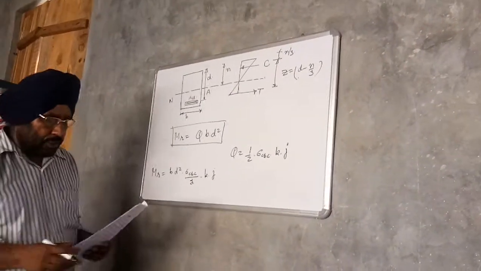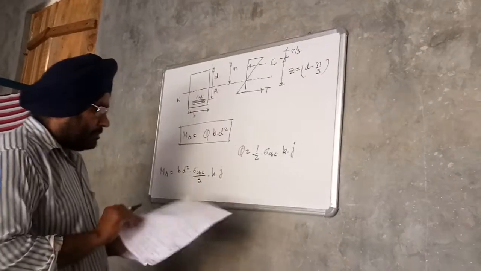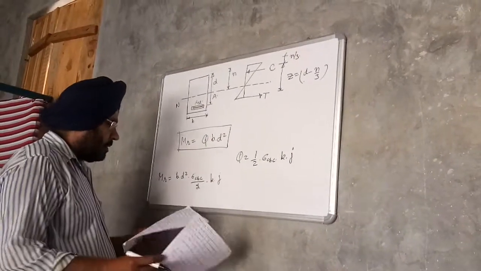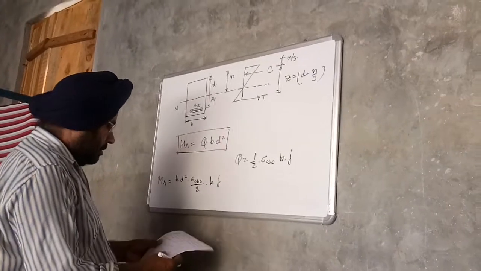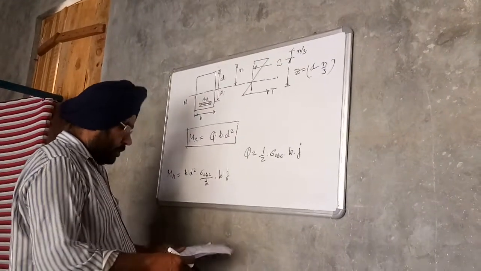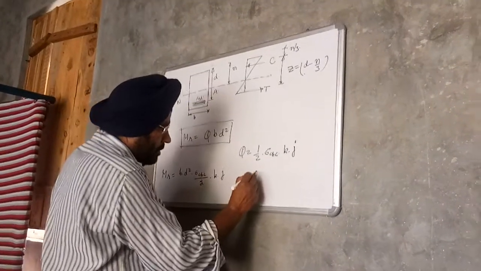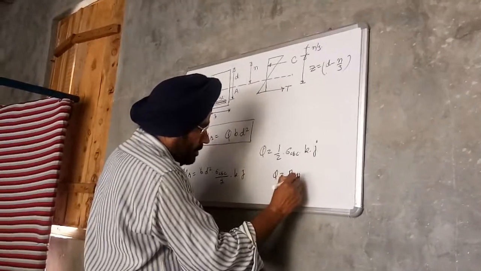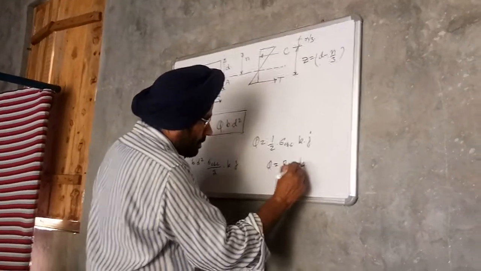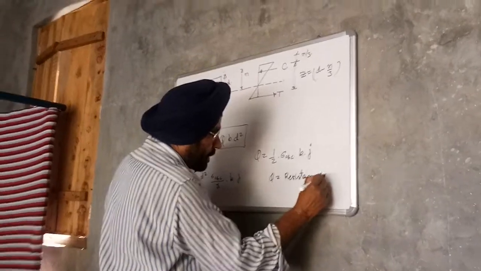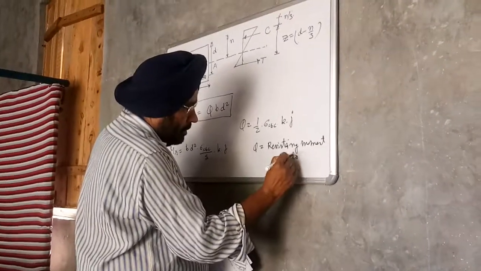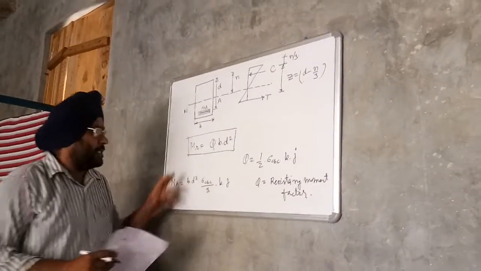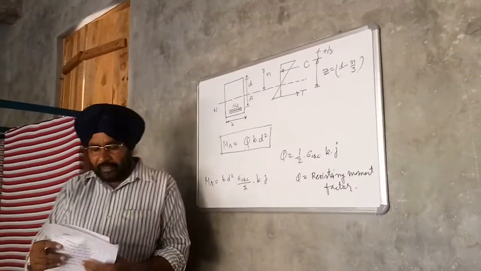Q is the resisting moment factor. So it means moment of resistance is equal to Q b d square.